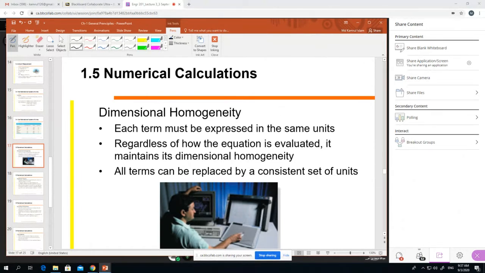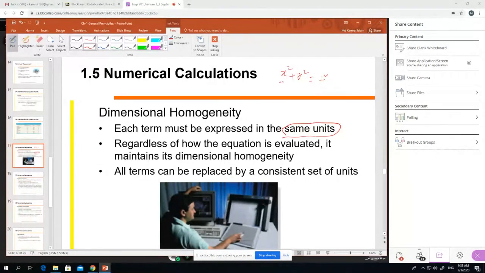Here it has to be the same unit, right? Like as example, I write for you x square plus y square equal to z square.